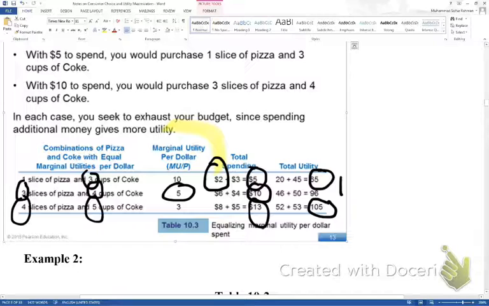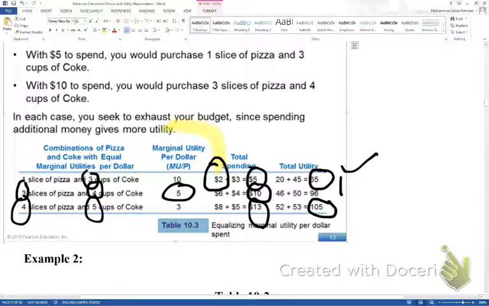Before we move on, we need to understand these 3 numbers very carefully. When we talk about utility maximization, we are talking about the maximum utility that you can get given your income constraint. So we want to interpret these numbers. If your income is $5, the maximum utility that you can get is 65 by buying 1 slice of pizza and 3 cups of Coke.